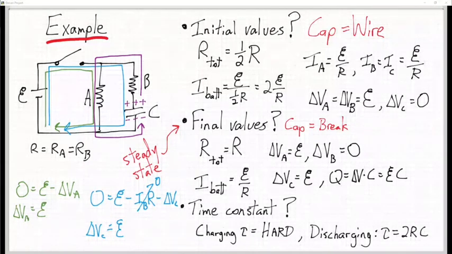Occasionally, you'll have to do some random point in time, making use of those exponential functions. But notice for this example here, I didn't use the exponentials at all. And that's going to happen pretty often, at least half of the time. They don't care about the transient behavior. They only want to know the starting and ending behaviors.